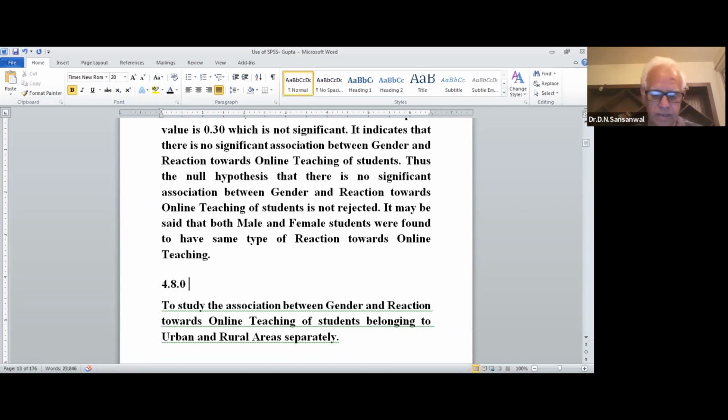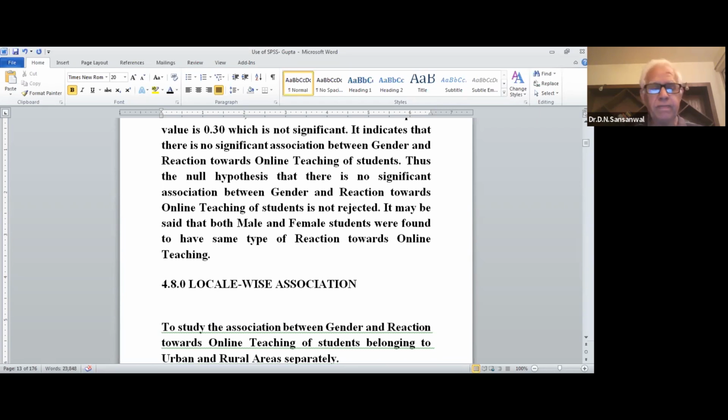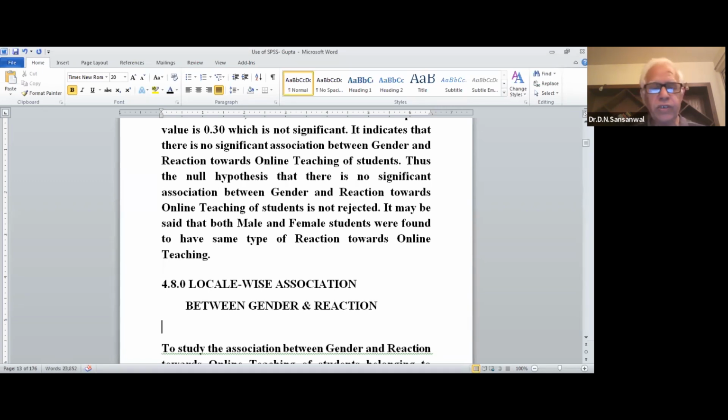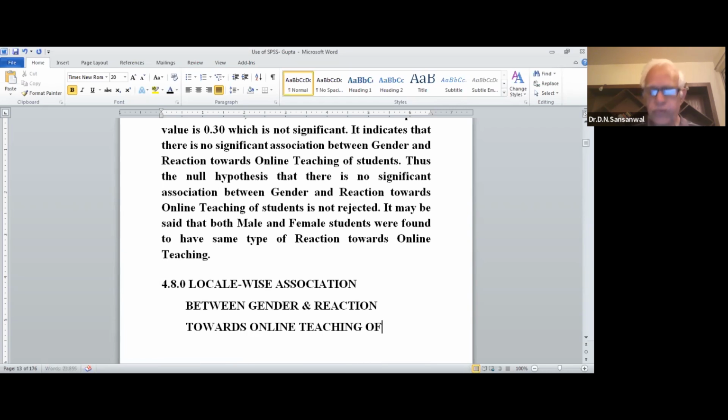Now here, locale wise association between gender and reaction towards online teaching of students.